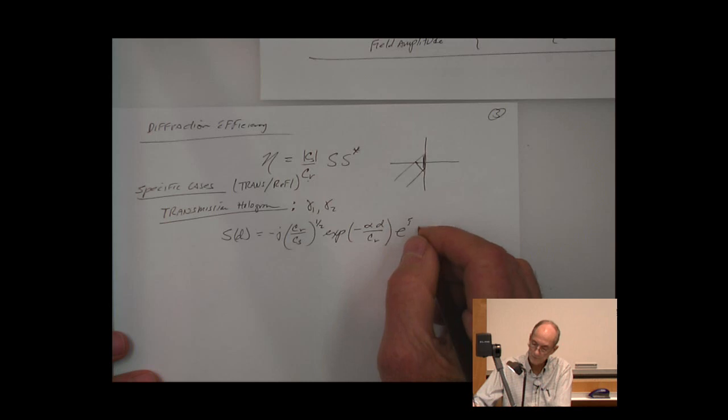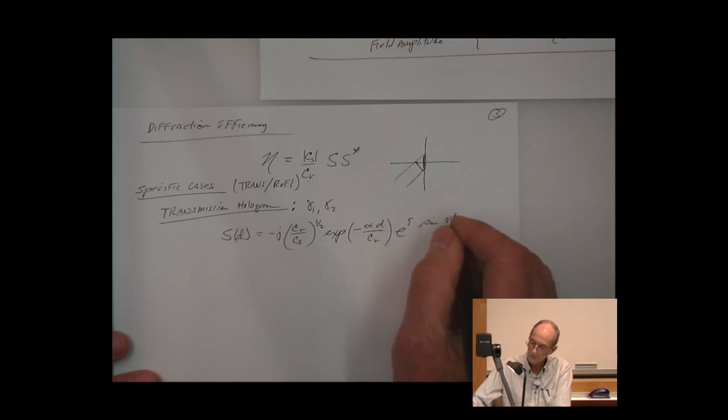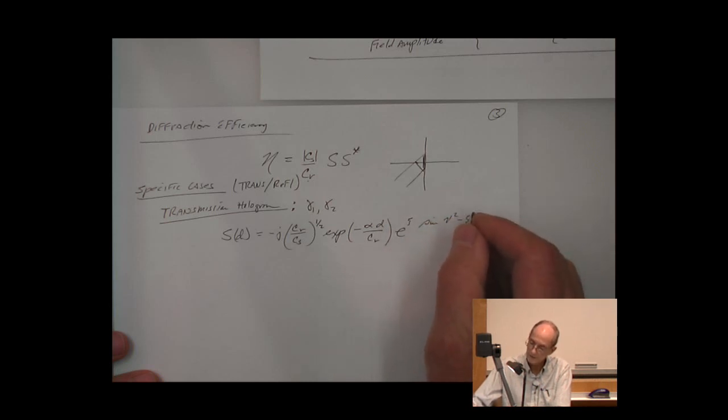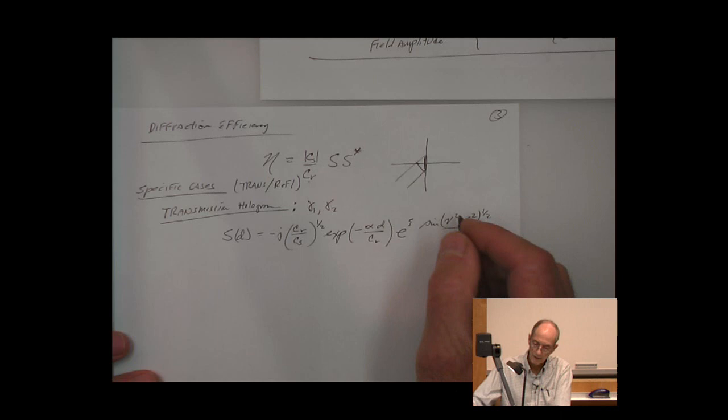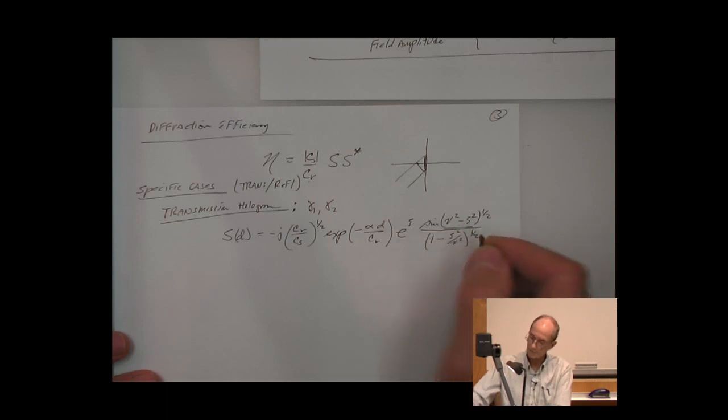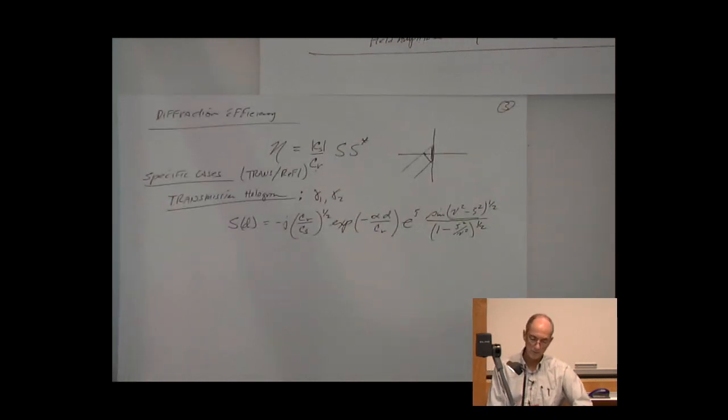And then we have sine of the square root of nu squared plus chi squared, where nu I'll define in another minute, over the square root of nu squared plus chi squared, all of that divided by the square root of 1 minus chi squared over eta squared. All right, so that's putting in some of these values for gamma.